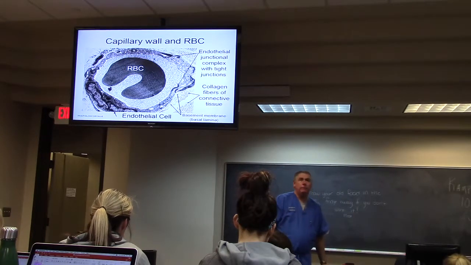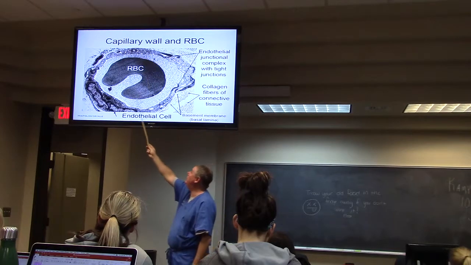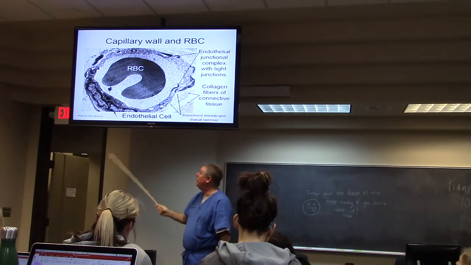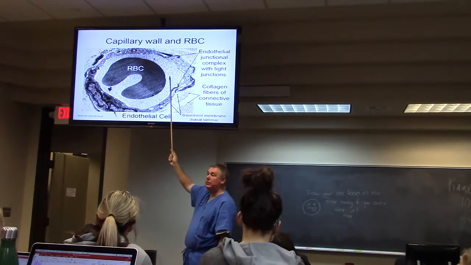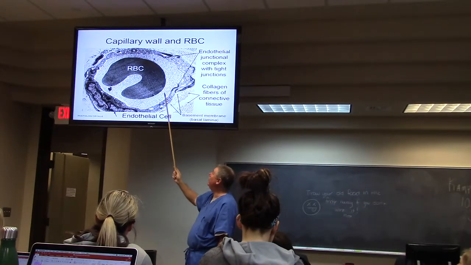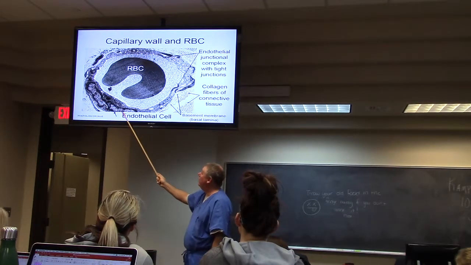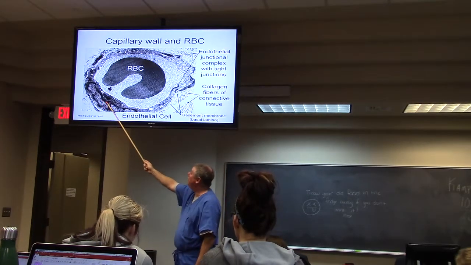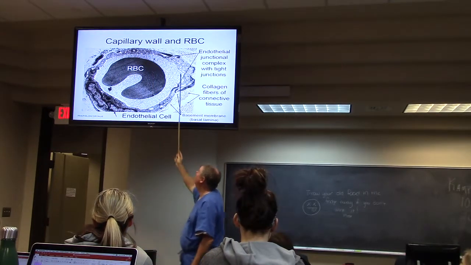Red blood cells on TEM slides always appear as this homogeneous dark structure. This would be the plasma proteins and other stuff circulating in the blood. Well, here's the endothelial cell nucleus right here, this dark structure, and then the cell itself wraps all around.